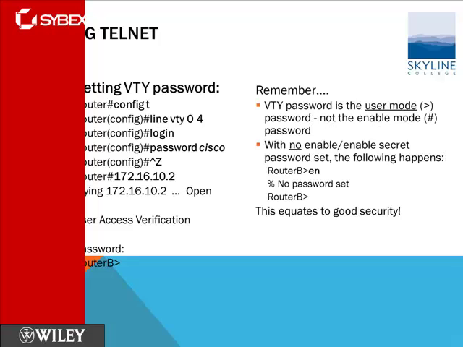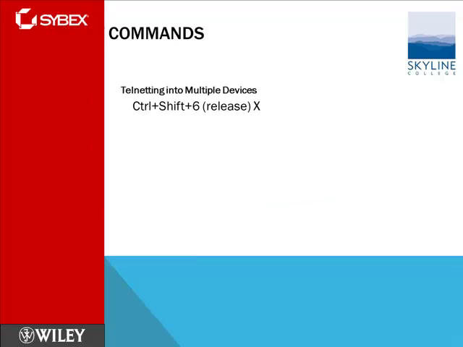I want to go through them. The VTY password is in user mode, not enable mode, with no enable or enable secret password. The following happens: no password set, it sets you right back, won't let you go into enable mode.